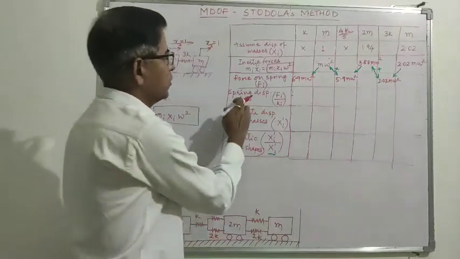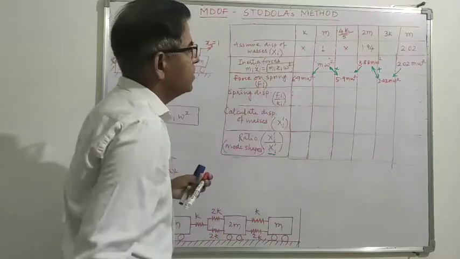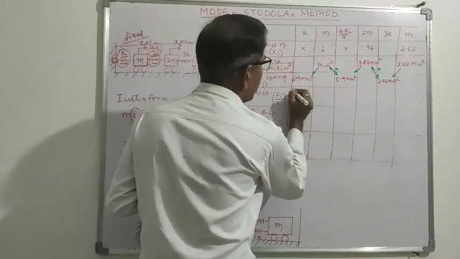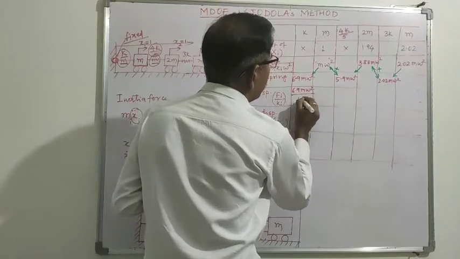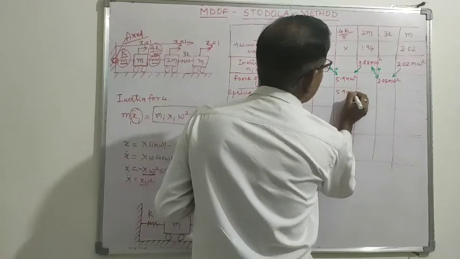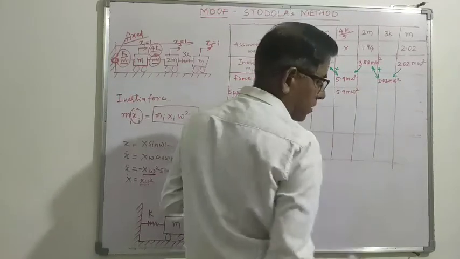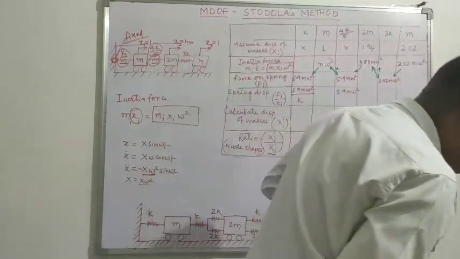Now the spring displacement will be the spring force divided by the stiffness. So this is 6.9 m omega square divided by k. This is 5.9 m omega square divided by 0.8k, that is 7.38.